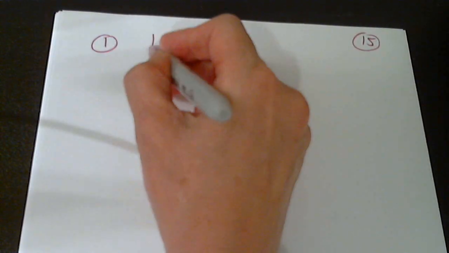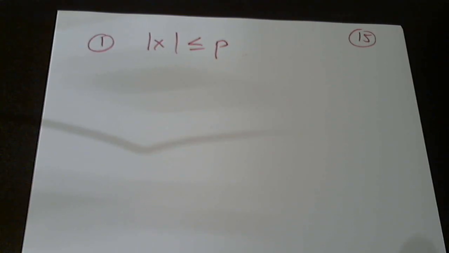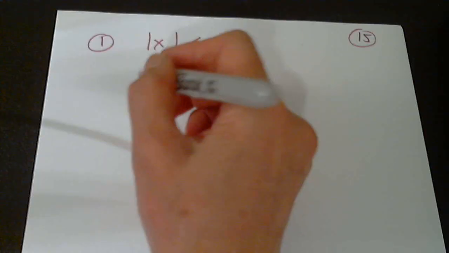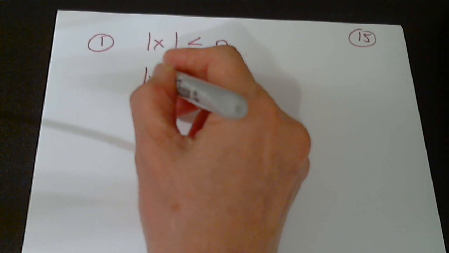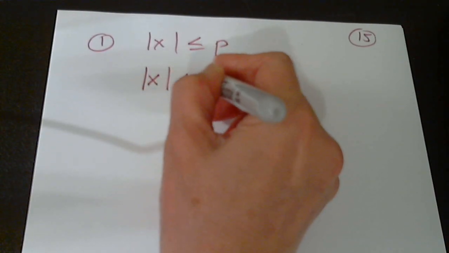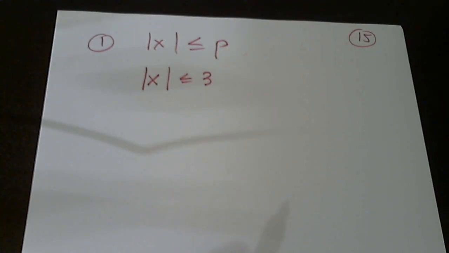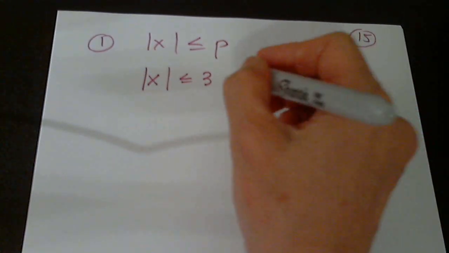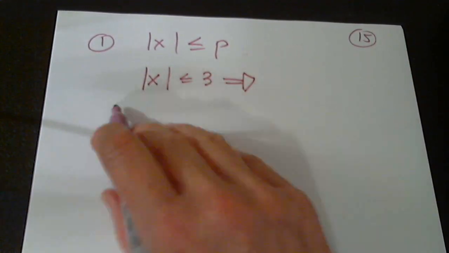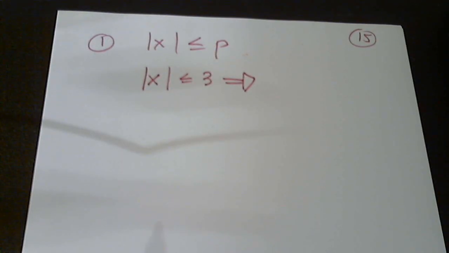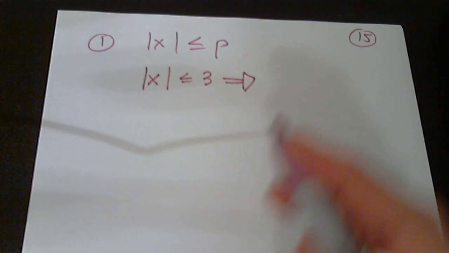So type 1, this one. This is not a difficult one. Let's say a simple example. The absolute value of x is less than or equal to 3. We cannot solve this. We have to replace it by its equivalent compound inequality.